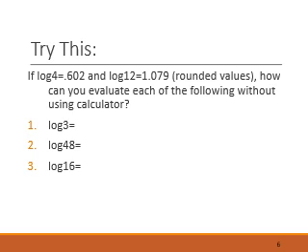So this is an example of how we could use log properties. What we would need to do is first recognize that, okay, wait a minute, 3 is 12 divided by 4. So that's the first step. Now, why would I do 12 divided by 4 instead of 6 divided by 2, let's say?